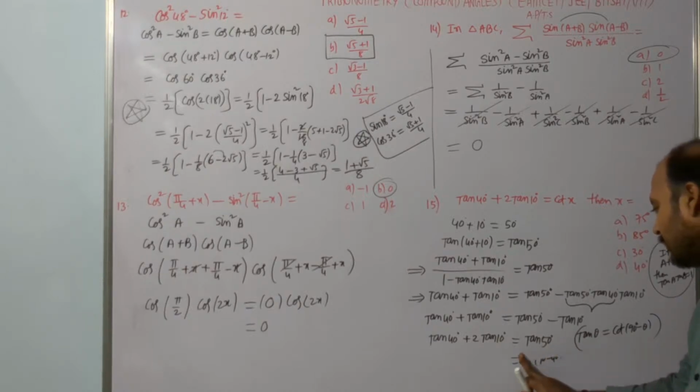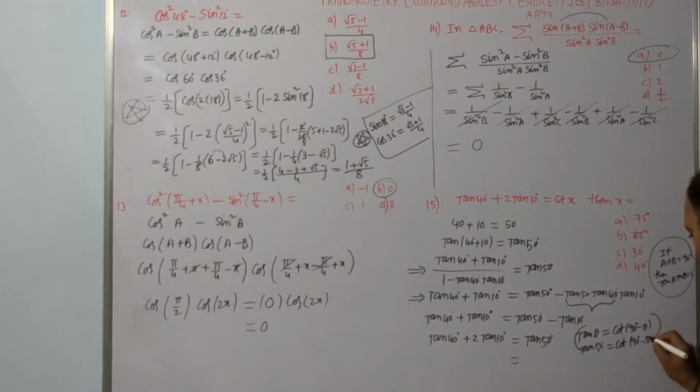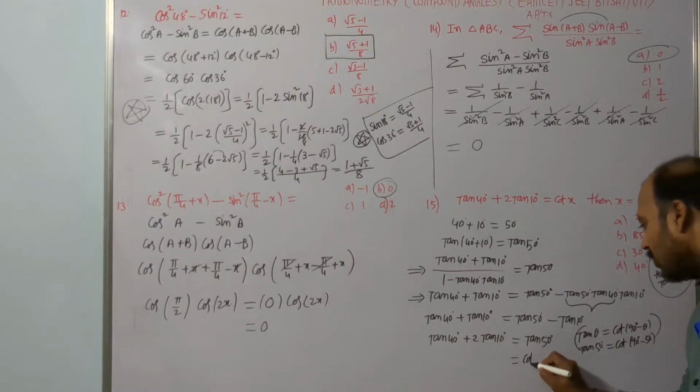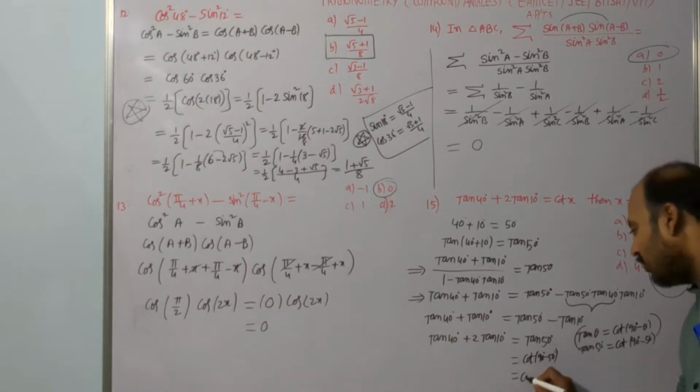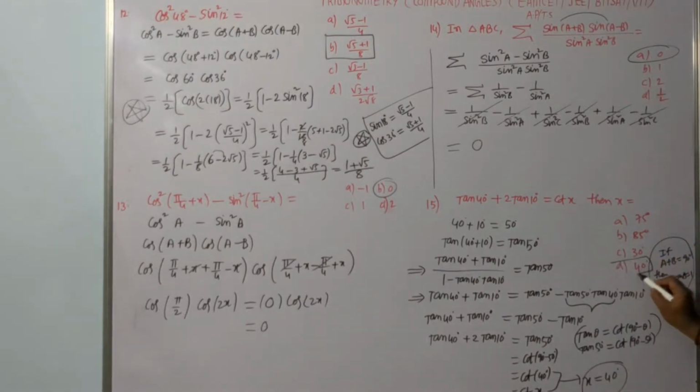So tan 50 degrees is equal to, like this way you write it, cot of 90 minus 50. So cot of 90 minus 50 is what? 40. So this you have to compare with cot x. So x is equal to 40 degrees. Just you need to convert in terms of that.